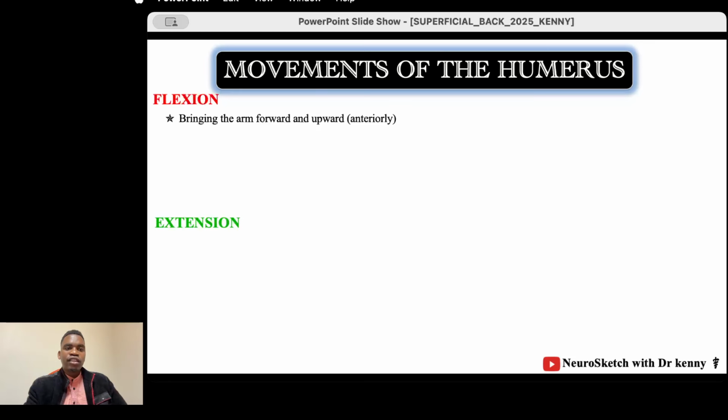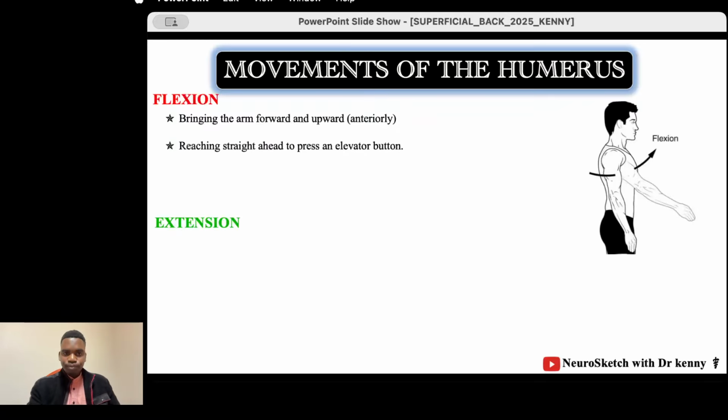Number one is flexion of the humerus, or flexion of the arm, when you are moving your arm anteriorly, superiorly, and forward. We are considering the shoulder joint and not the elbow joint. For example, when you want to press the elevator button, you are flexing the shoulder joint.